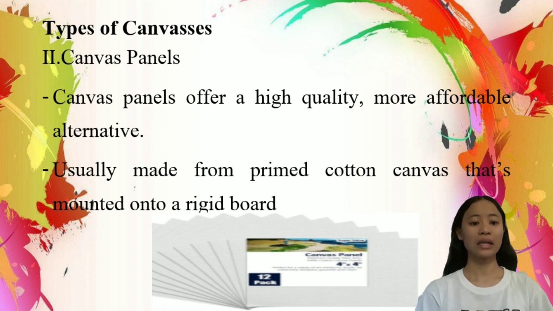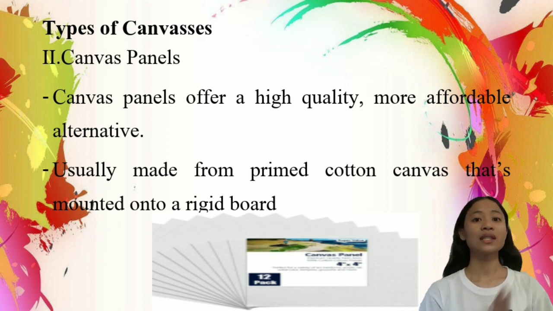Second type of canvas is the canvas panels. These canvas panels are an alternative to stretch canvas because they also have high quality. These panels are great for practice, especially for beginners, and you can bring them anywhere.